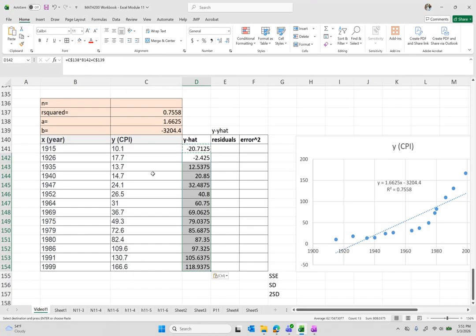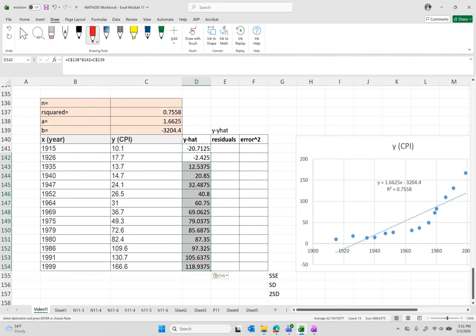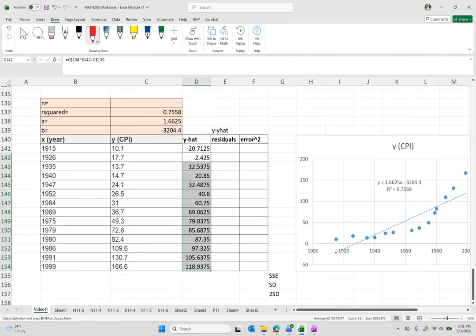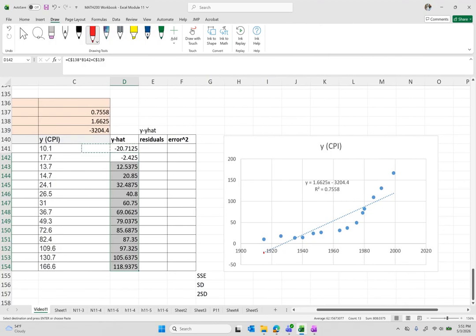So I need a point that will have a y equal to negative 20 when x is 1915, and then a y equal to 118.9 when x is 1999, which is the year.